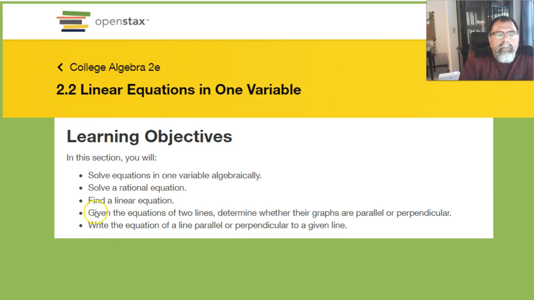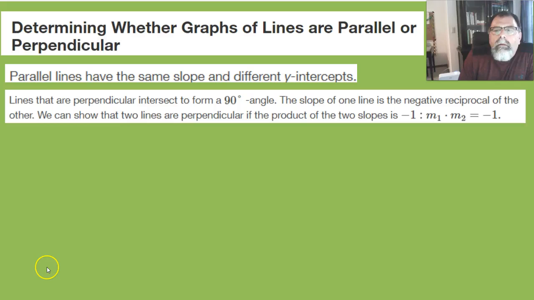Okay, on to the next learning objective. Given the equations of two lines, determine whether the graphs are parallel or perpendicular. Recall that parallel lines have the same slope and different y-intercepts, so they'll never intersect. If they're perpendicular, they intersect to form a 90-degree angle.